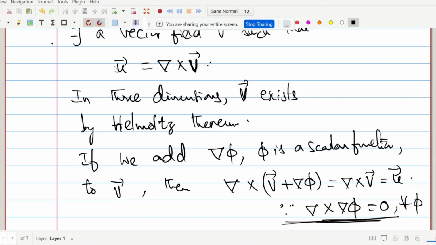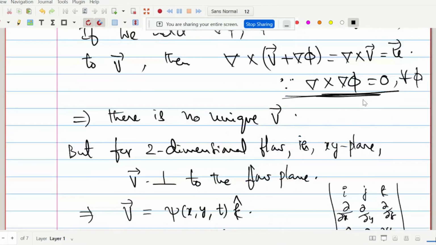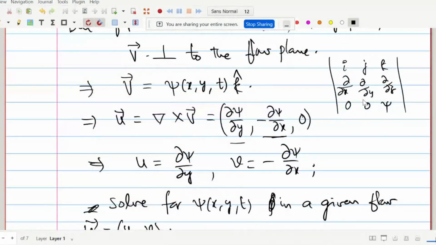So in the XY plane, UV is anyway unique, so the flow is unique. If you can find such a psi, obviously psi is unique up to a constant always, right? If I multiply by some constant, if I take it as a constant, then obviously the derivative is 0.